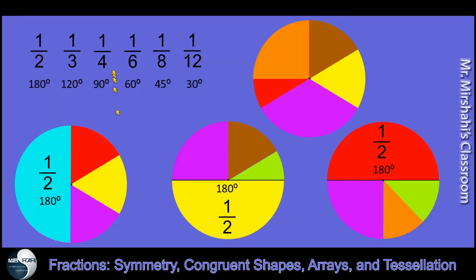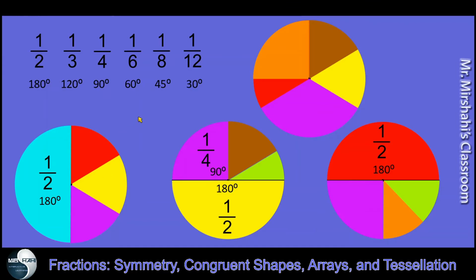The other easy one is a quarter. Remember, a quarter of a circle has a right angle in there. So I have one here. Do you see the right angle right there? Do you see the L angle there? 90 degrees. So we know this is 90 degrees. We know that's a quarter. I need 4 of these to fill the whole circle. That's why we call it a quarter.